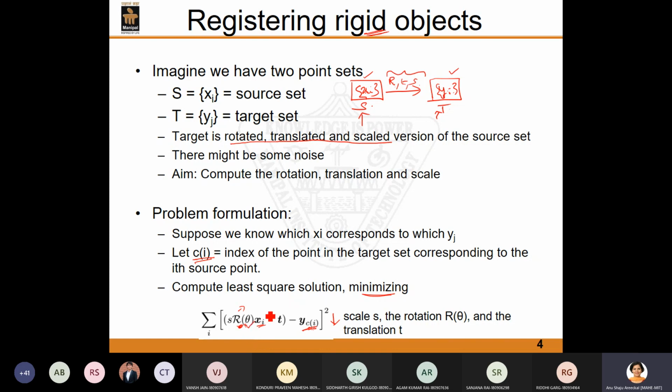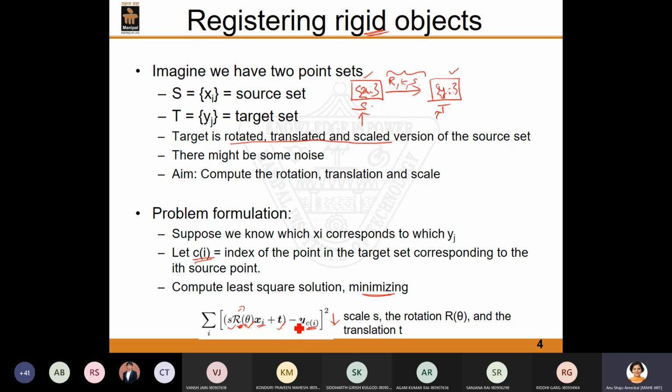By changing the values of theta, s, and t, I'm trying to find the minimum or least possible value of this error function which I can obtain. That is what you call a minimization problem. You're trying to find the minimum possible value over different iterations, and for each iteration, I modify the values of s, theta, and t so as to drive the error to the least minimum value possible.